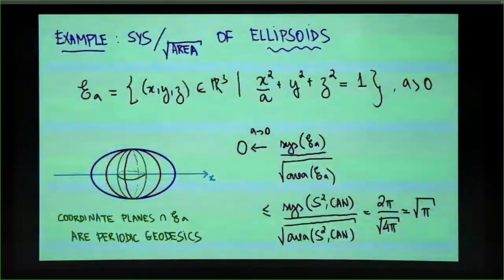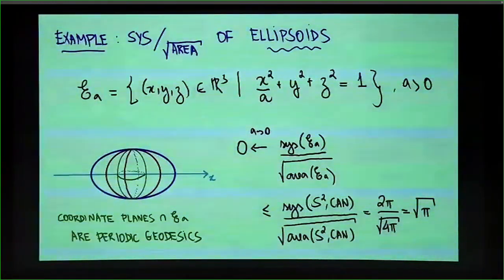So this one is a geodesic for all of them. You don't change the length. And so this number is bounded by a constant. So the numerator is bounded by a constant, the denominator goes to infinity. So as I do this deformation, I get 0. Okay, so this quotient can be as small as we wish.